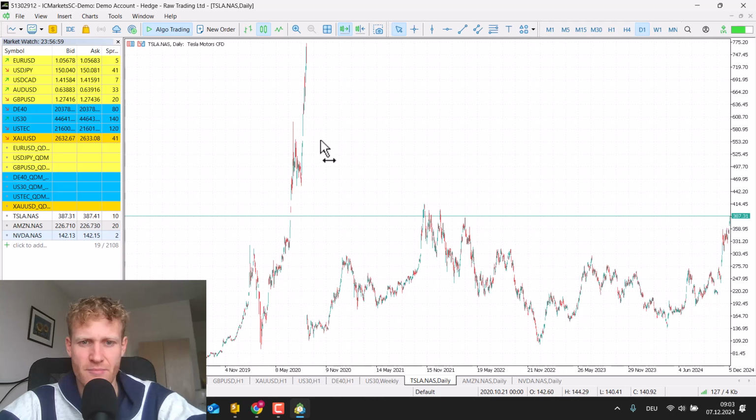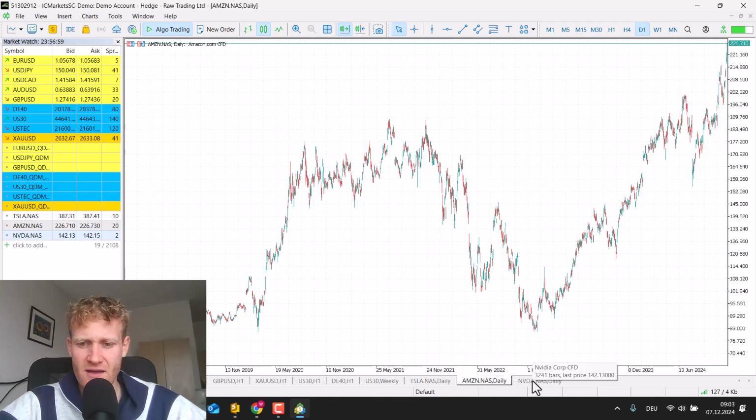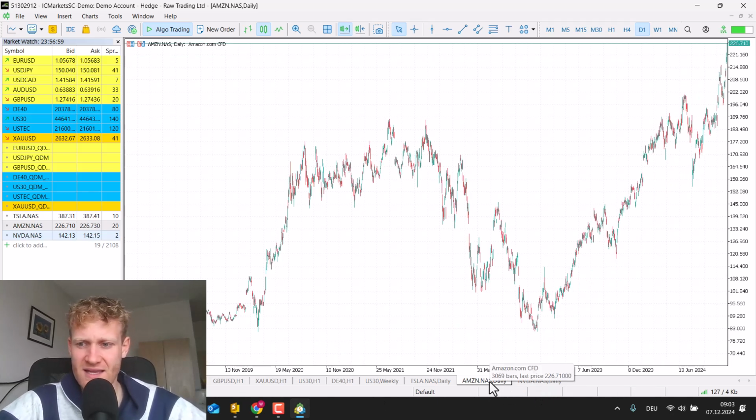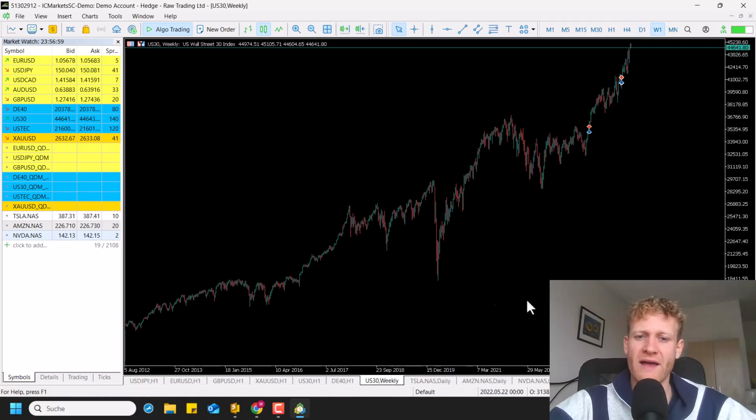I think this big gap here in Tesla is because of a stock split. But yeah, you can see Amazon, Nvidia, like most of the stocks go up over the years. Some of them more, like Nvidia, some of them a little bit less, like Amazon, and some of them, of course, would also produce losses in a period of like 10 years. But all in all combined, it is like this.